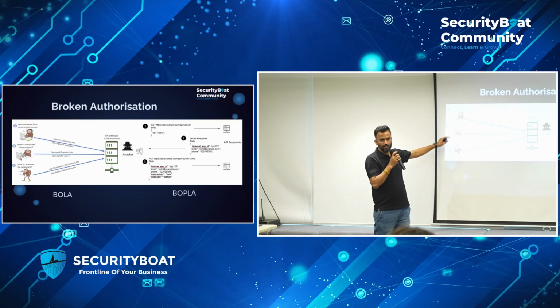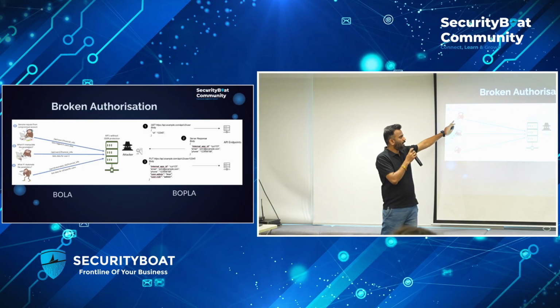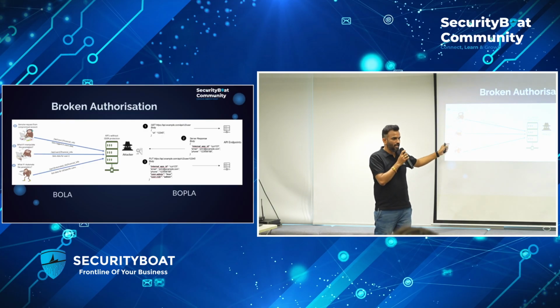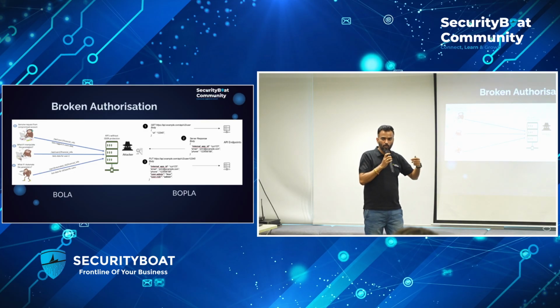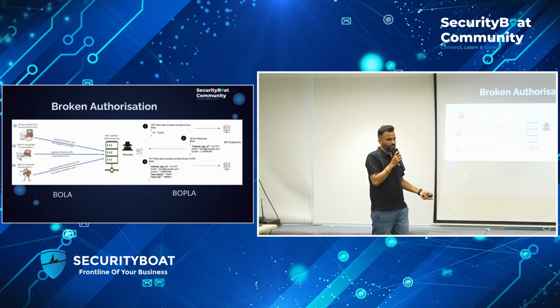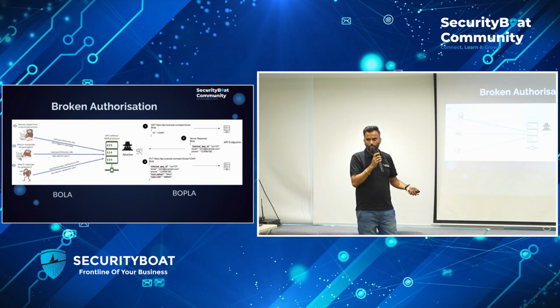It's an authorization breach, correct? Because I am only authorized to see my information. Why am I able to see other users' information? I am not authorized to do that, but if I am able to, that's a broken authorization. Now, which type of broken authorization is it? Object level. Why do you say that?